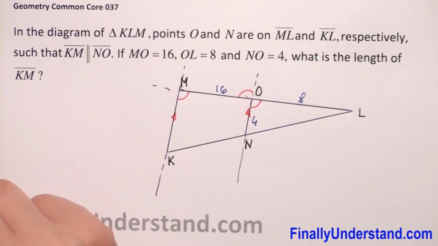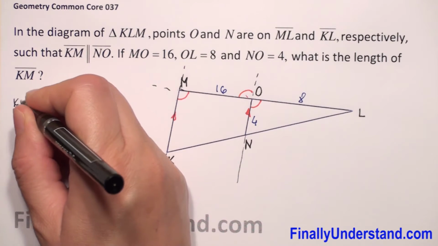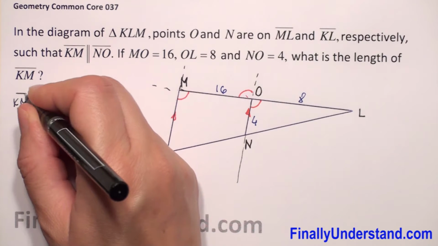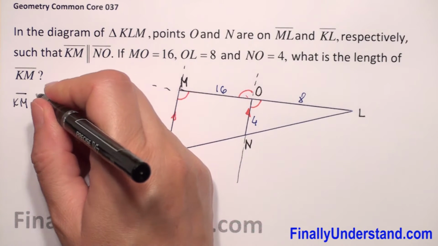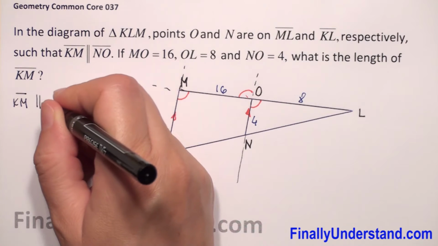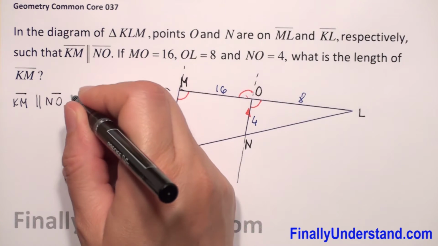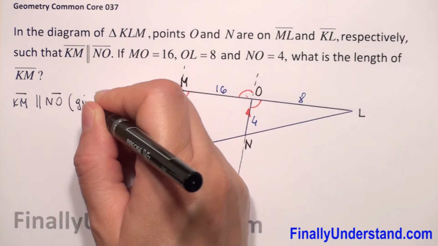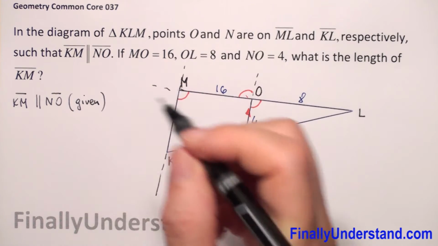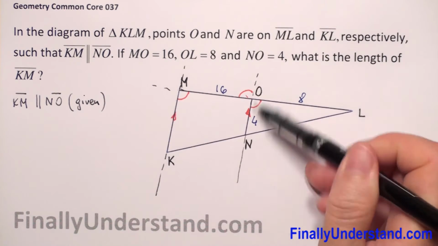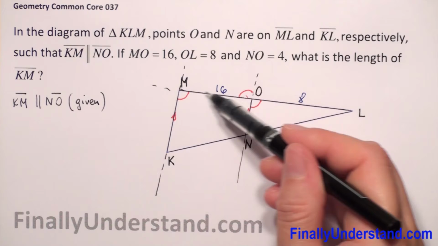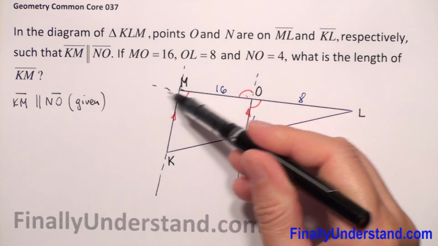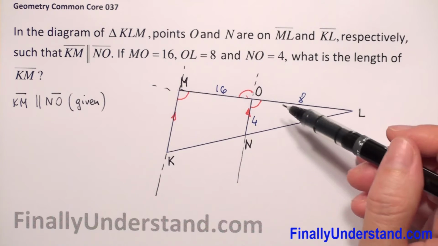Let me write this. We have given that segment KM is parallel to segment NO. This was given. And these two parallel lines are cut by transversal ML, we can write.